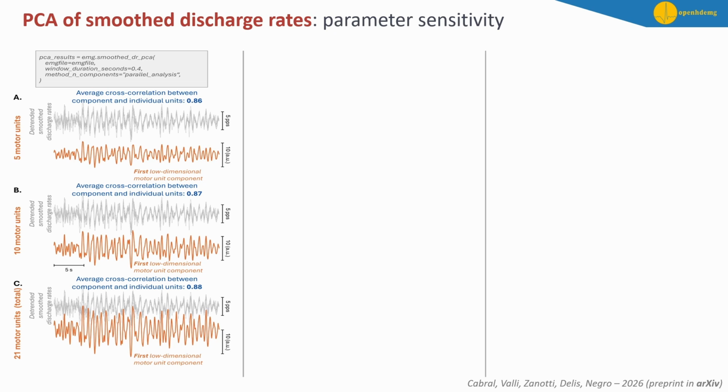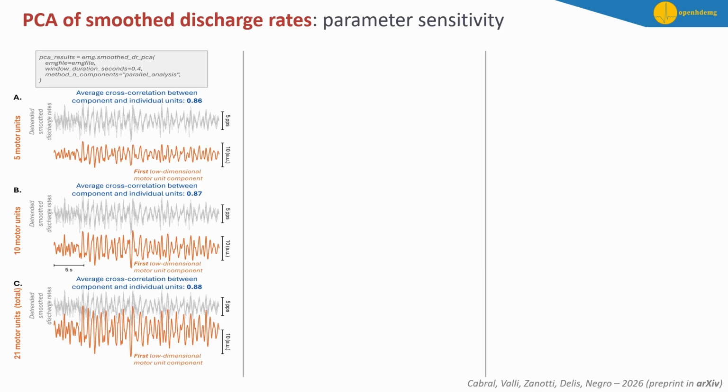What happens is that, of course, the more units we include, the more amplitude or oscillatory behavior this component captures, as you can see from top to bottom. And just to have an idea, I did the pairwise cross correlation between this component and the units, and the average values there on top in blue show very similar values: 0.86, 0.87, and 0.88.